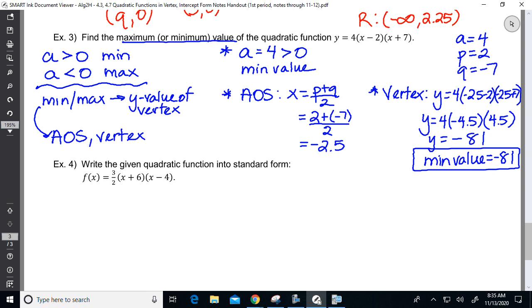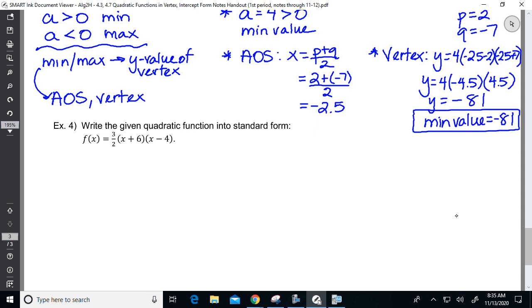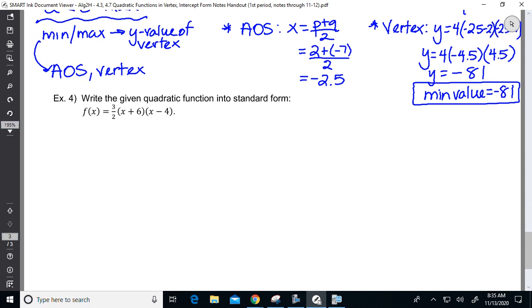Alright, so example 4. So last example. Write the given quadratic function into standard form. So if you have something in intercept form, you've got a double set of parentheses.